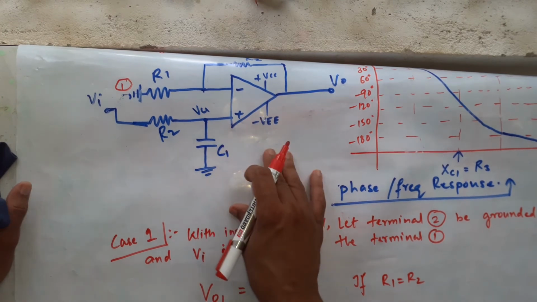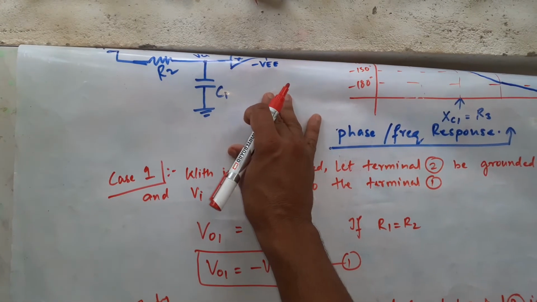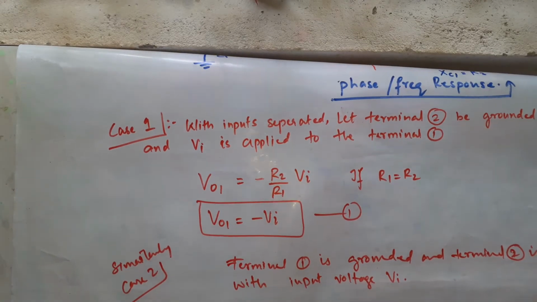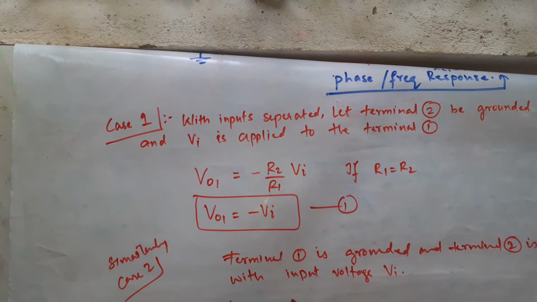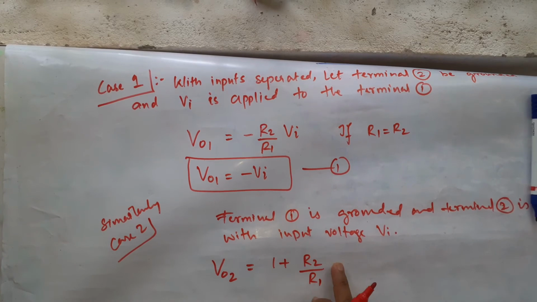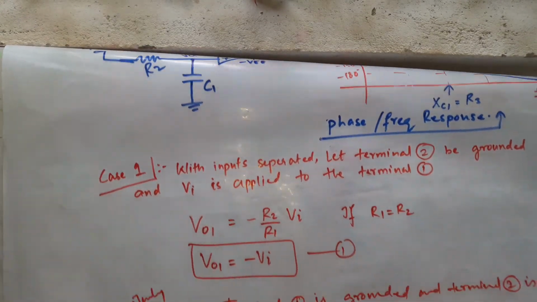How is the gain written for a non-inverting terminal? It is 1 plus feedback resistance by input resistance.